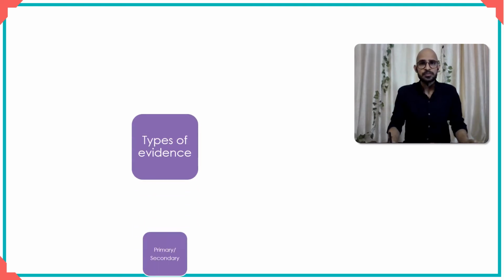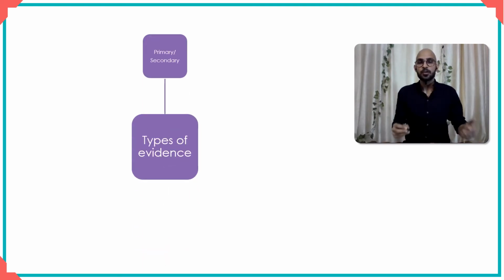Also, I'll briefly explain these types to you so that you can now go ahead and understand them on your own. So when we talk of the types of evidence, let's start with primary and secondary, right? Primary and secondary evidence are basically types of documentary evidence, okay? Now what is primary evidence? Primary evidence is generally the original document.